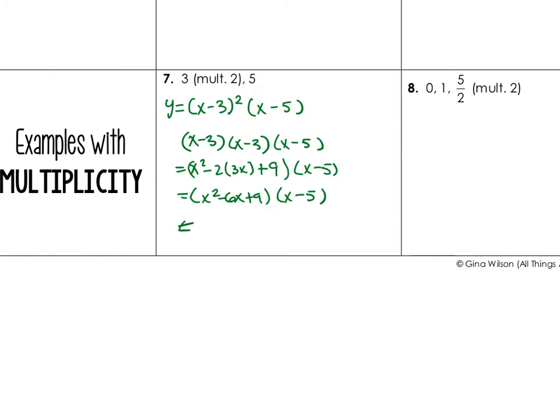So I have x cubed minus 5x squared minus 6x squared plus 30x plus 9x minus 45. Now I'm going to combine like terms. So x cubed minus 11x squared plus 39x minus 45.